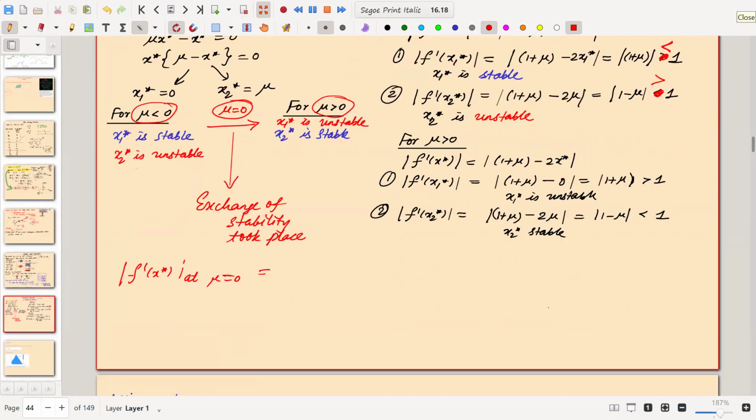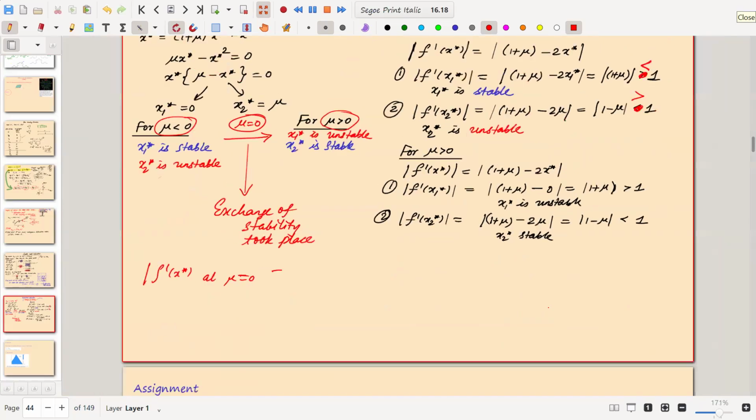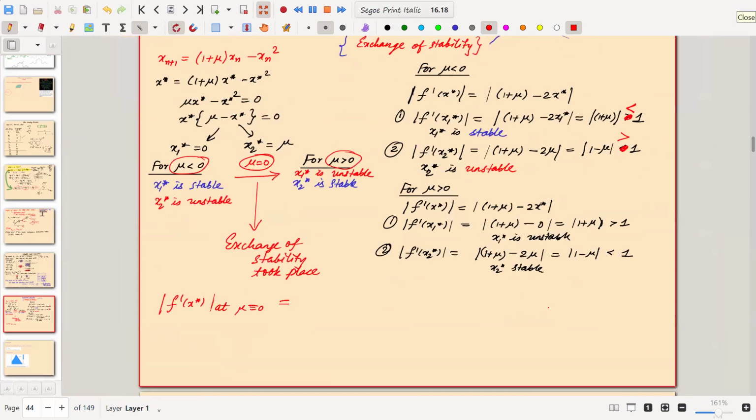So what you get at mu equal to 0, it is 1 plus. So value of the derivative is this, right? Irrespective of x star, at mu equal to 0, you will always have it 1. Because you take two cases.